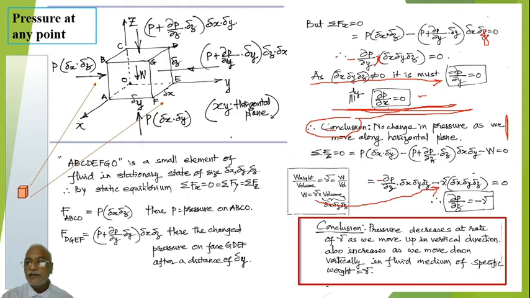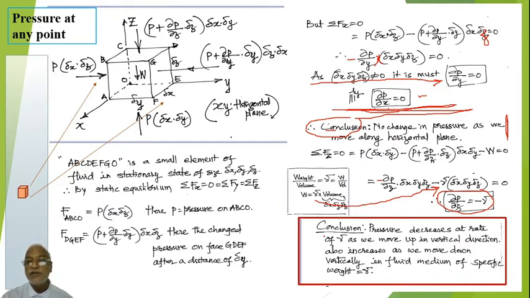I can take this common and bring it to the left hand side, so I'll be left with just this term minus this term, this is also minus, equal to 0. If I rearrange, dou p by dou z becomes minus gamma. So that is another conclusion that we can make, because this is the variation of pressure with respect to z direction, that is dou p by dou z.